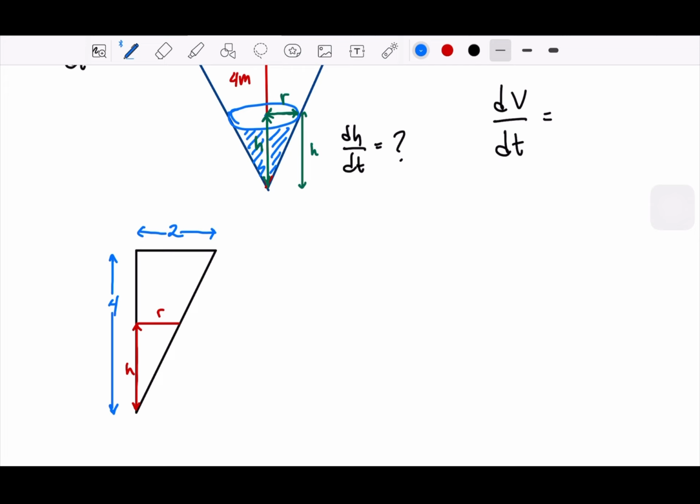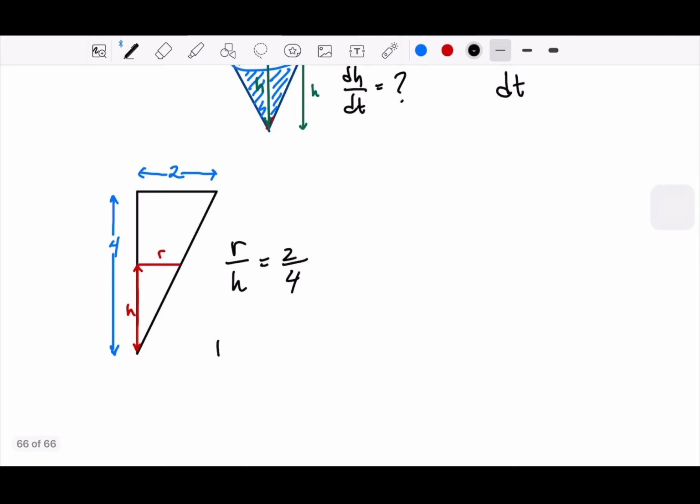Okay. So I can write r over h equals 2 over 4, with the triangle equivalency, if you still remember that. Or we could write r is half of h. Or h is 2r.